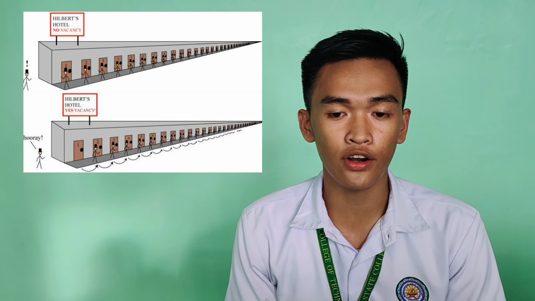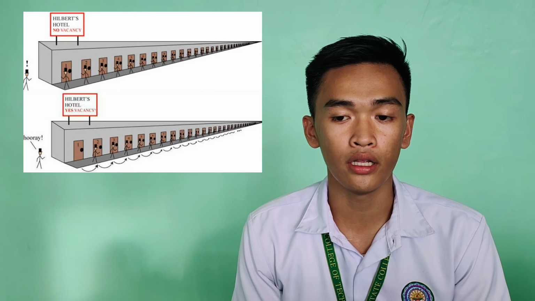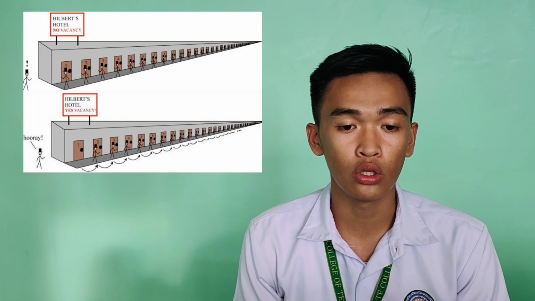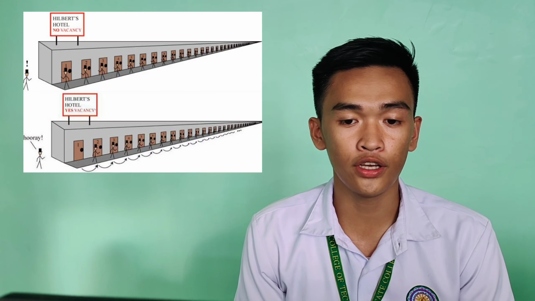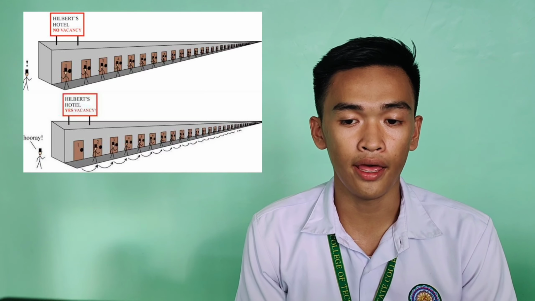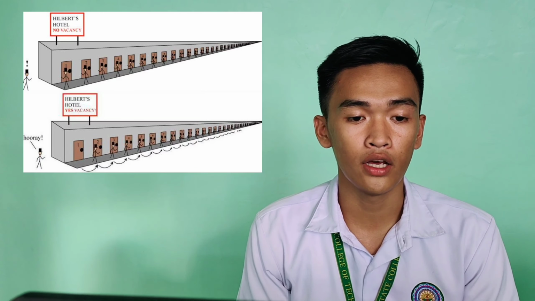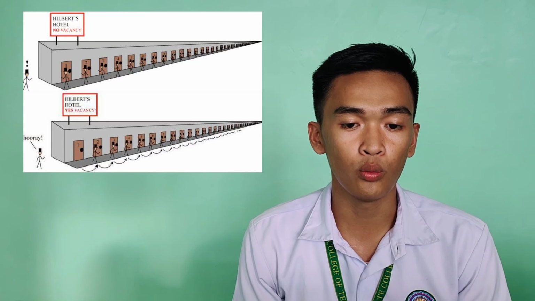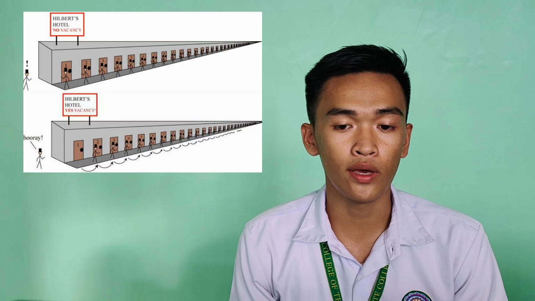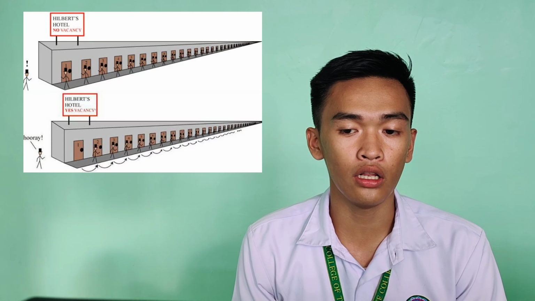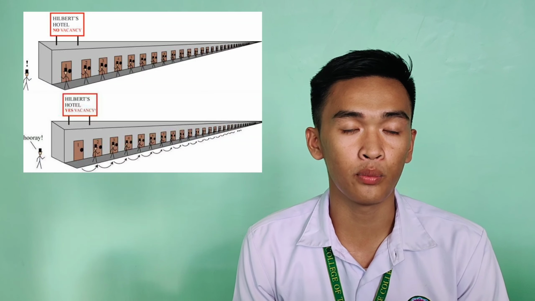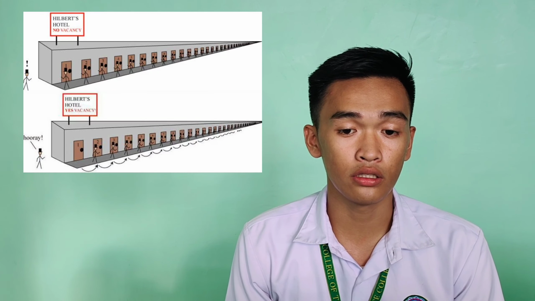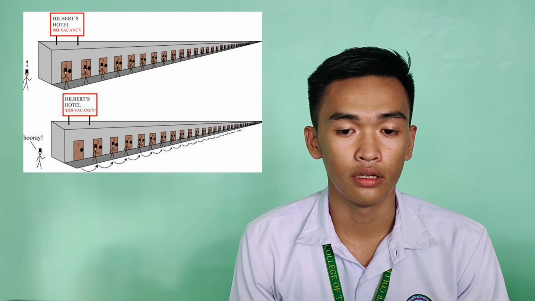When a new guest arrives, we move the guest in room 1 to room 2, the guest in room 2 to room 3, and the guest in room n to room n plus 1 for all positive integers n. This frees up room 1, which we assign to the new guest, and all the current guests will have a room. We illustrate this situation like that.